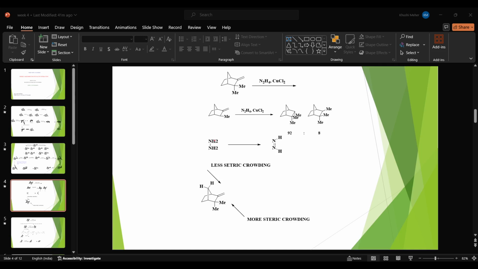You won't get a selectivity of greater than 99%; in this case you get 90%, but still you get some 8%. To get completely diastereoselectivity, you have to use such a system to get complete diastereoselectivity.